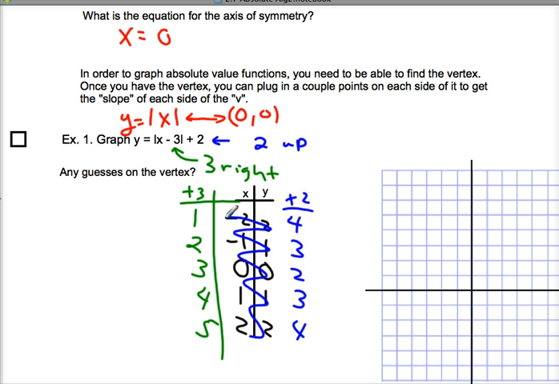We end up having a new vertex of 3, 2, because we had to move 0, 0, 3 right and 2 up. So 3 right and 2 up is right here. And then you could graph those other points, 4, 3, 5, 4, 3, 3, and 1, 4, and you get this V shape again.